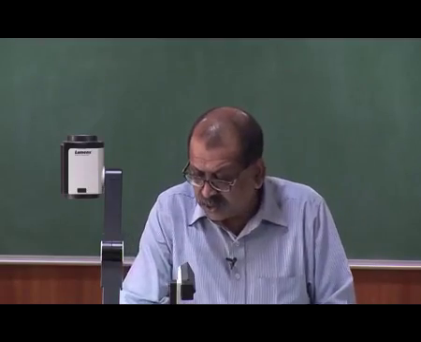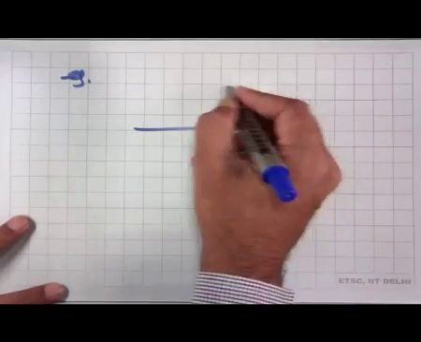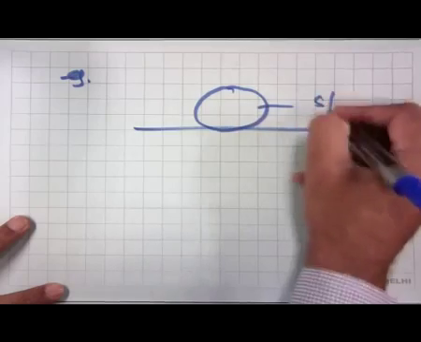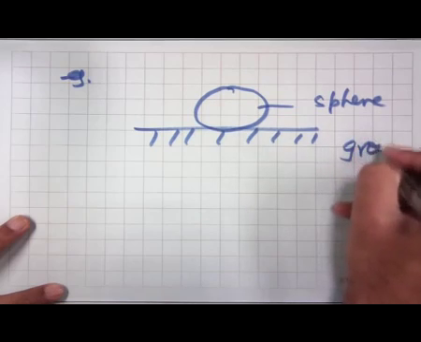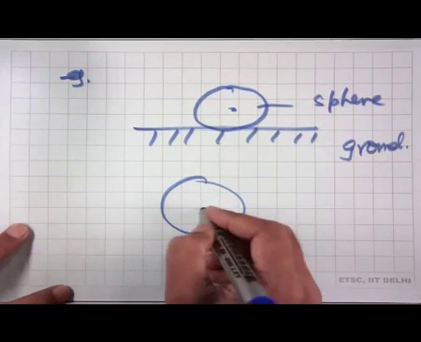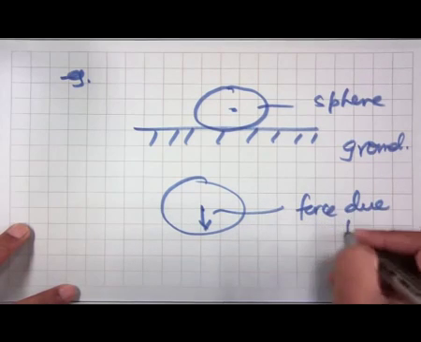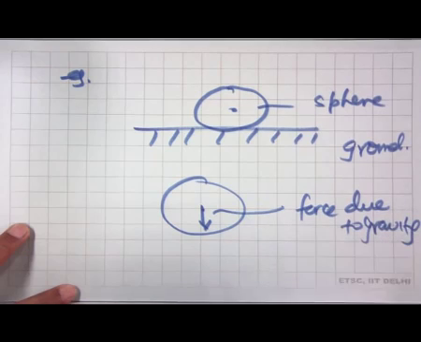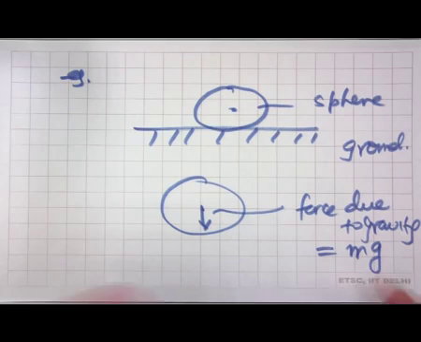So, let us take an example of this. Suppose I look at a sphere which is lying on the ground. Then what I know is that on the sphere there is a force due to gravity, which I call the weight, and let me write it as m times g, and we will see more of this when we come to problems on this topic.